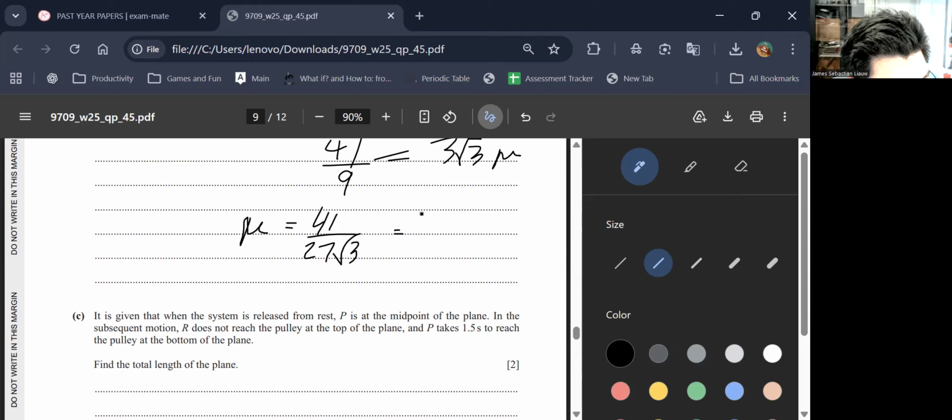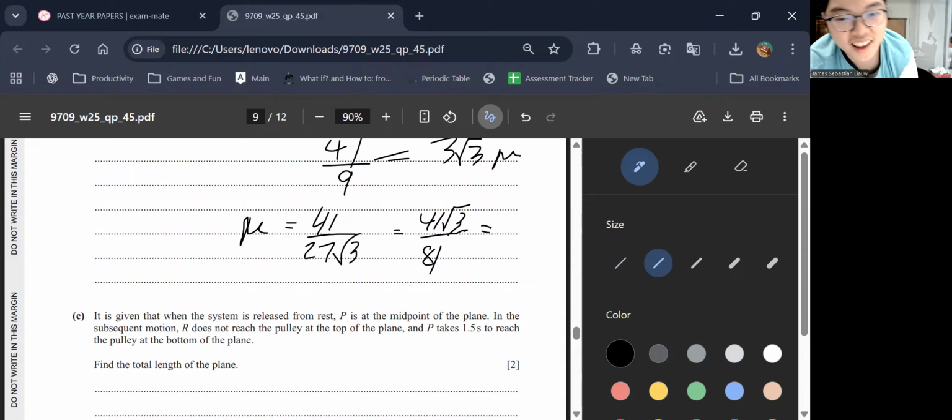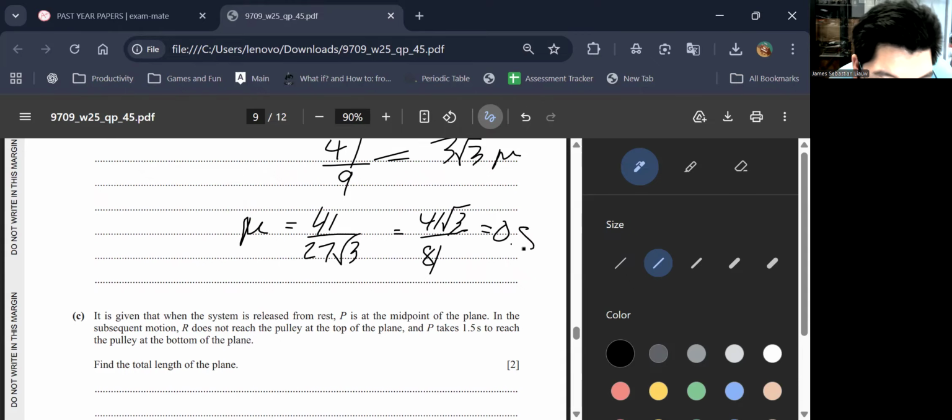You can simplify this into exact form, of course: 41 square root 3 over 81. Or for a decimal answer, this would yield 0.8767. Nice.